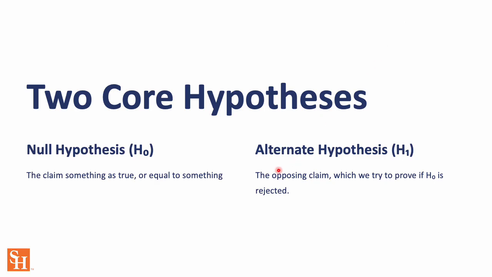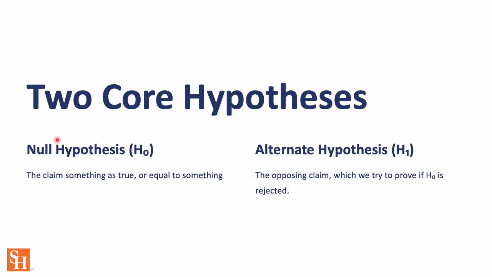So let's first start with the discussion of null hypothesis and alternative hypothesis. What is a null hypothesis? In the null hypothesis, basically we assume something to be true or something equal to something. And on the other hand, in the alternative hypothesis, we claim something opposite to the null hypothesis.